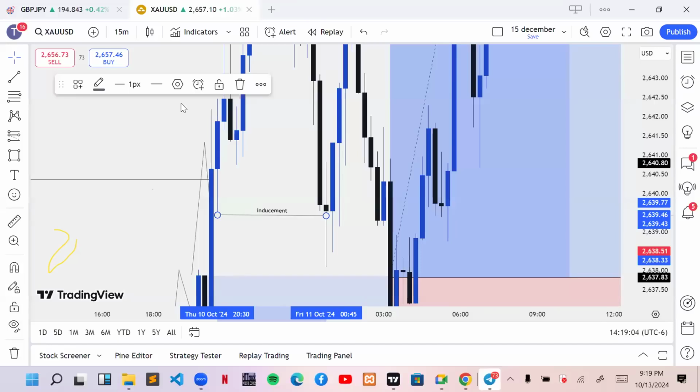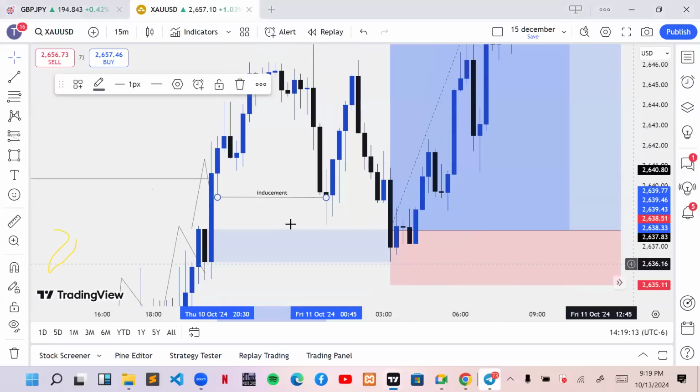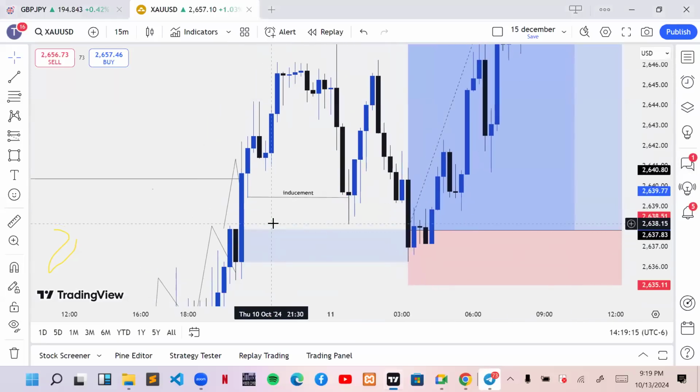Okay, so it's about this same example that you gave. It's about the inducement. Yes, the inducement is the first pullback after the big structure or MSS. But you also said for it to be valid, it needs to be close to 50% of the break, right?